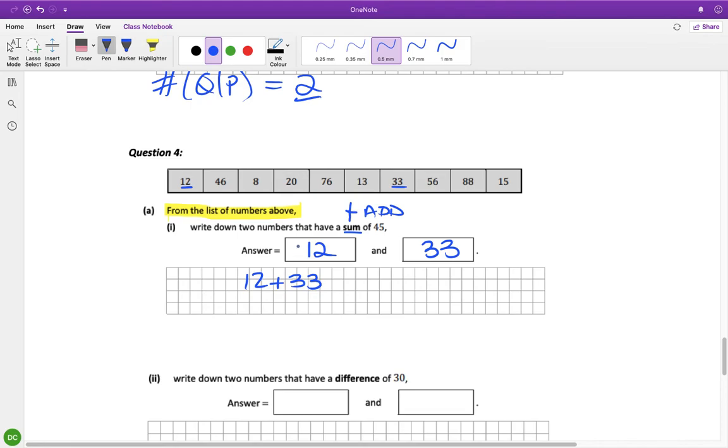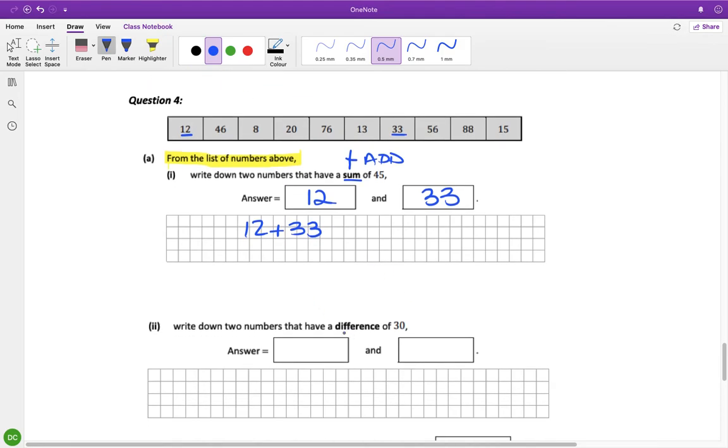Okay, write down two numbers that have a difference. Difference is minus or subtract. So a difference of 30. Let's make 20. Too big. 33 and 13.